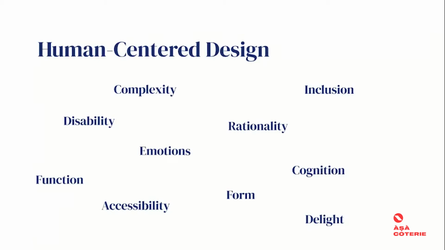So when we are designing, what you're really designing for are all these things: complexity, disability, emotions, rationality, inclusion, function, accessibility, form, delight, cognition, and a lot of other things. Those are what make up a human being.